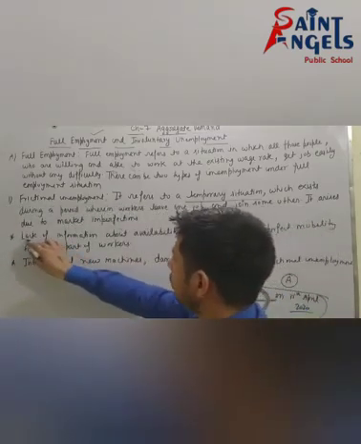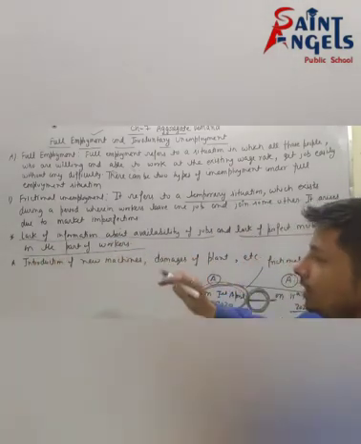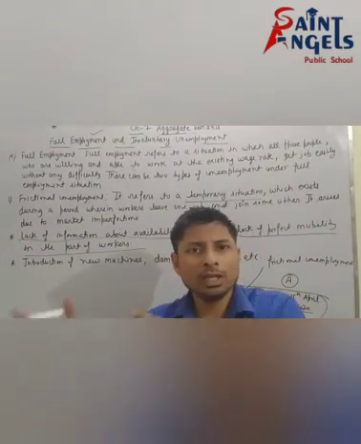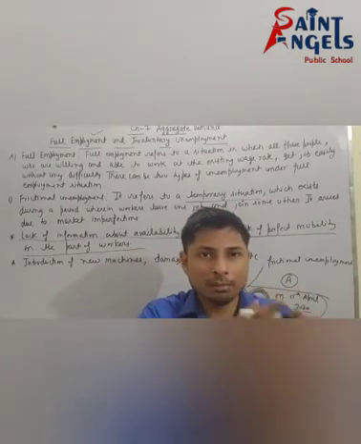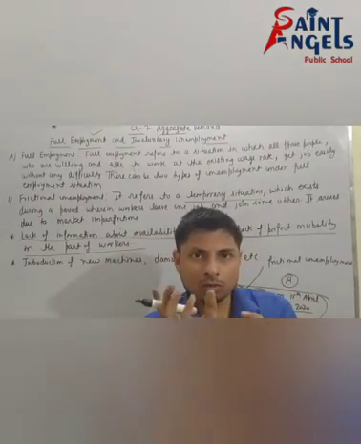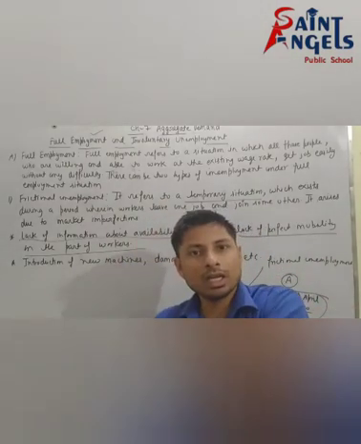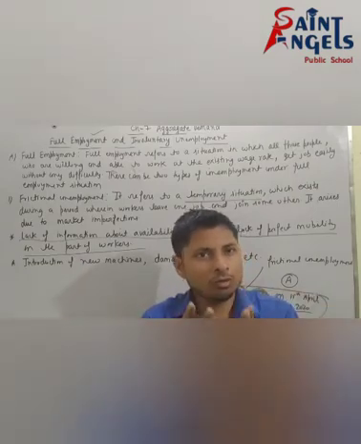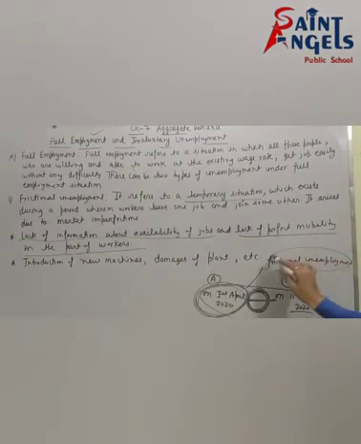I hope all of you have understood lack of information about availability of jobs and lack of perfect mobility on the part of workers. Sometimes a worker takes some time to shift from one place to another, because he leaves the job at one place and has to join a job at another place. The time taken in shifting, he remains unemployed, and that will be called frictional unemployment.